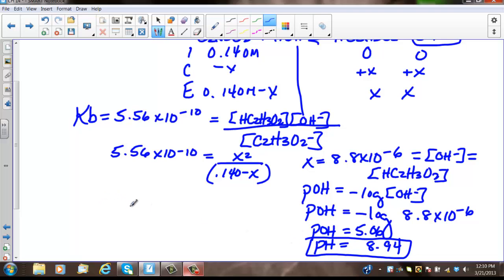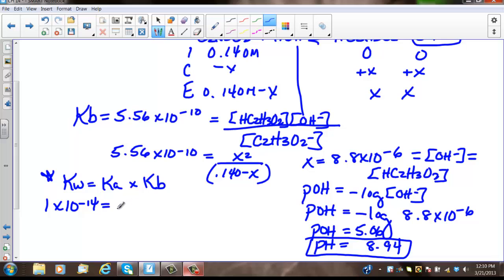Please remember, and this is a side note, if you don't have the Kb, you know that the Kw is equal to the Ka times the Kb. The Kw of water is 1 times 10 to the negative 14th.